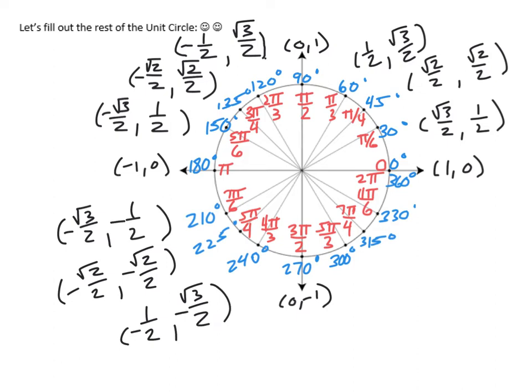I already put in the quadrant points, 0 degrees, 90 degrees, 180, and 270. Those are kind of funky. Just think about plotting that point, because they don't really form a triangle, right? So if I think about 90 degrees, right here, to get to that point, my x is 0, my y is 1. All right, same for 0, 180, and 270.